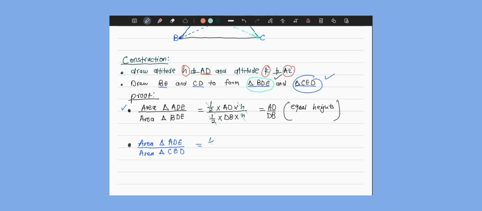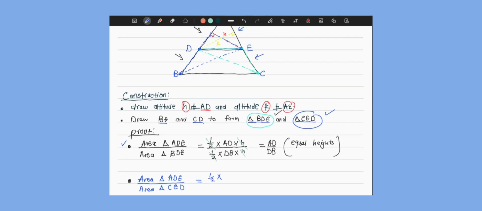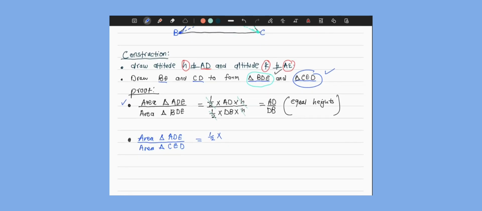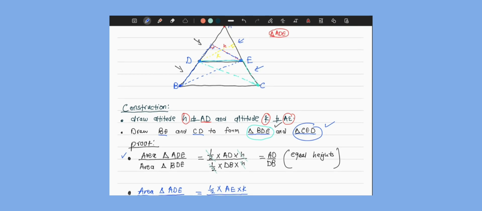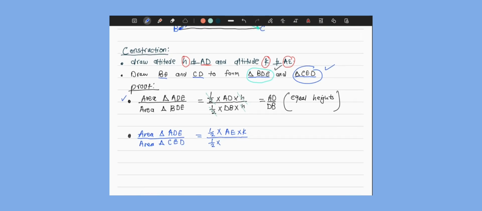So of course I'm going to have 1/2 multiplied by the base, instead of AD, now I'm going to use AE, multiplied by the altitude K, then divide by 1/2 multiplied by the base, which is EC here, as you can see.